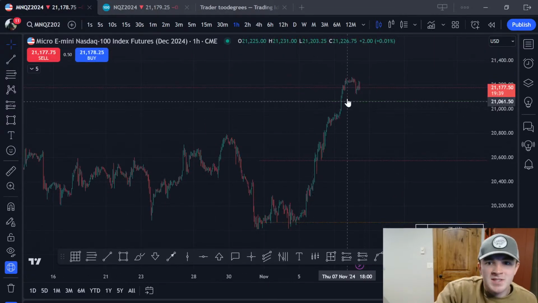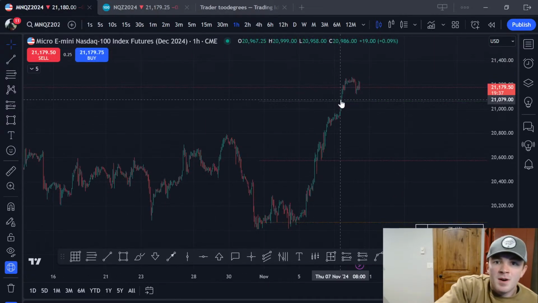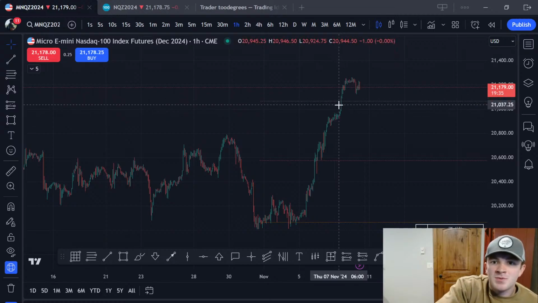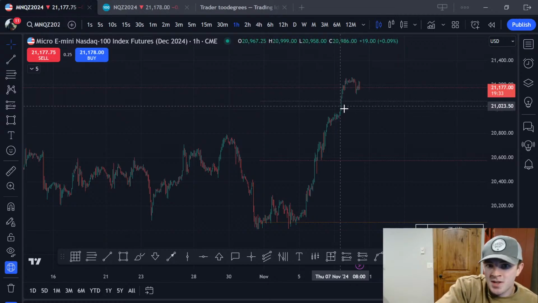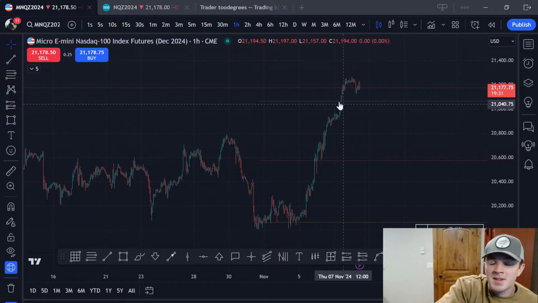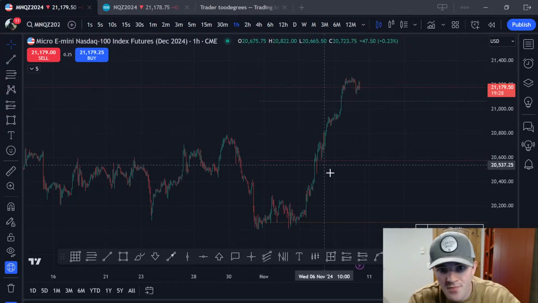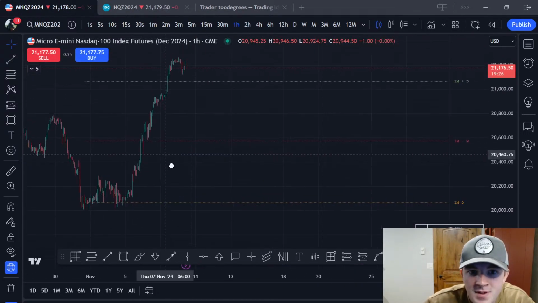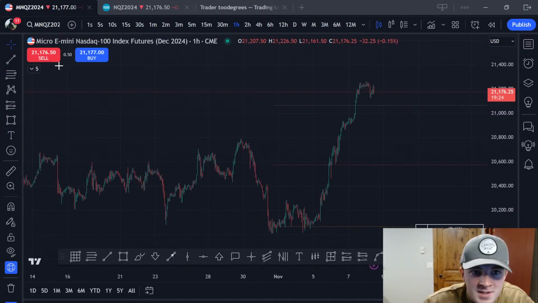So what this means is on a monthly time frame, usually the max distribution you will get on a monthly time frame will go up to here. It's honestly pretty interesting.